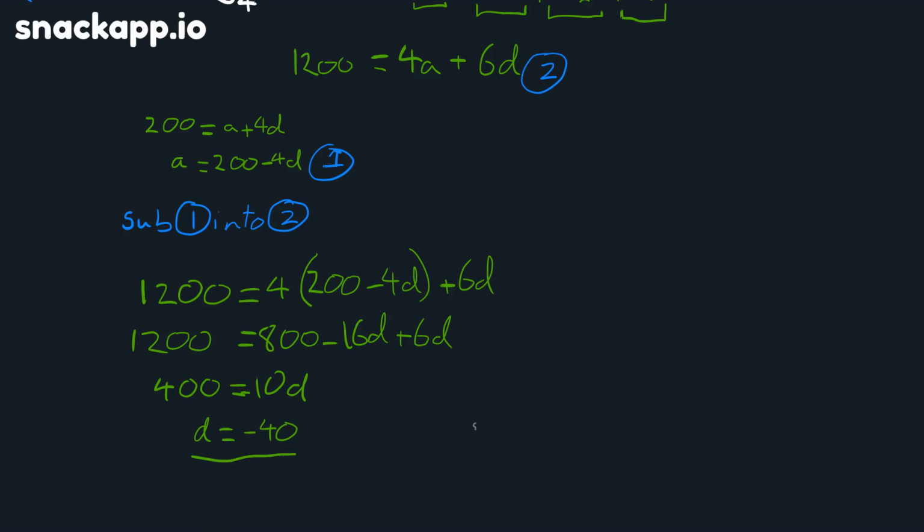So a is therefore going to equal 200 minus 4 times negative 40, which is just 200 plus 160, which just gives us 360 for a.